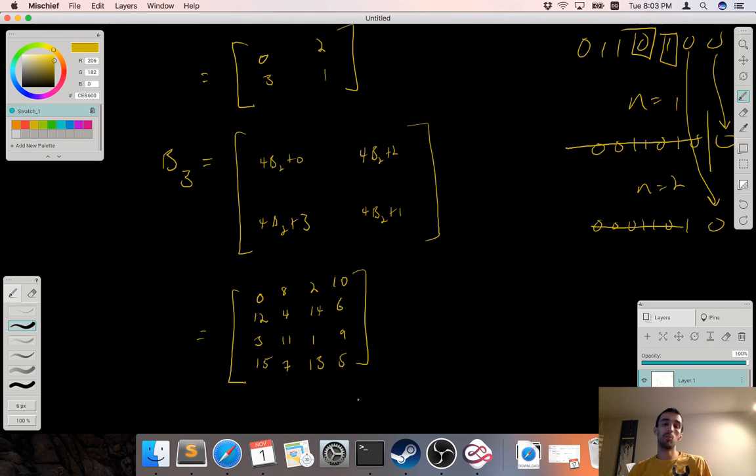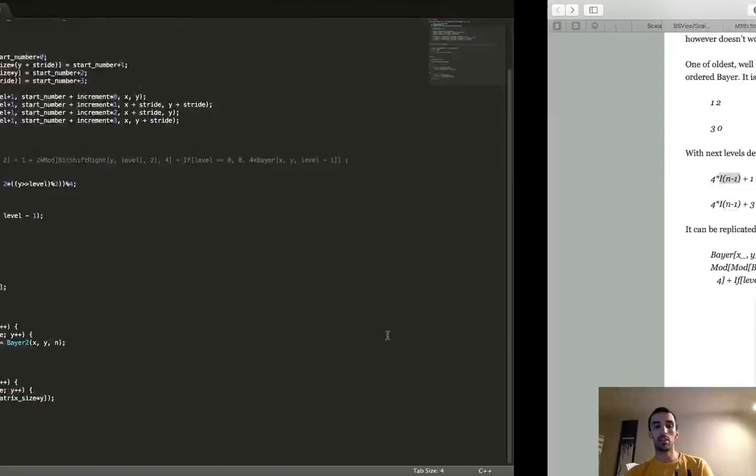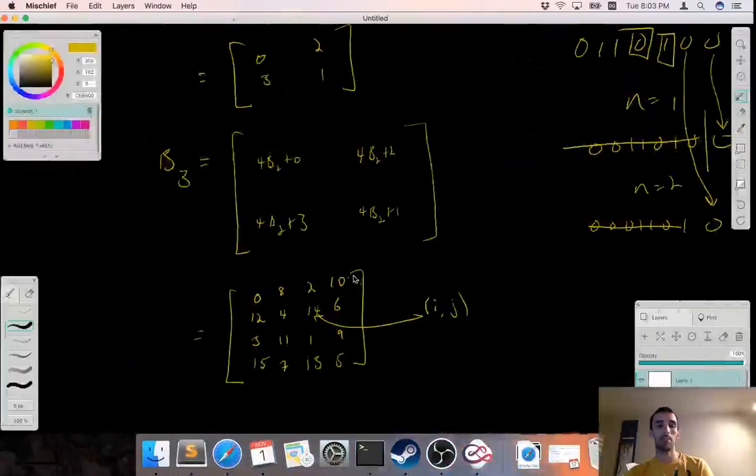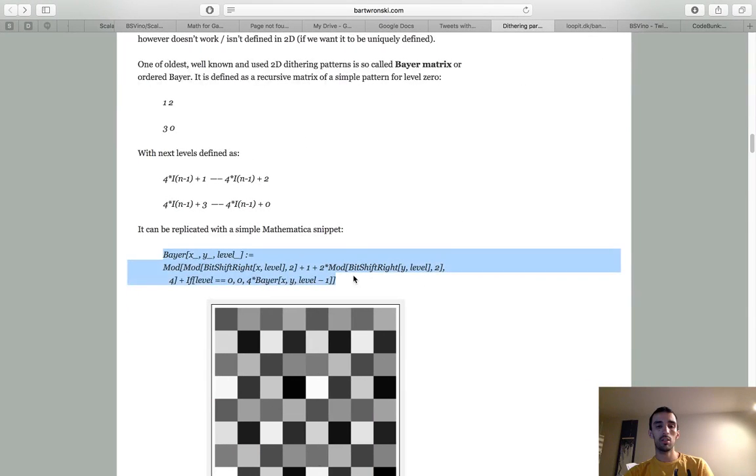But with this recursion, now we can iterate this way, and we can develop a closed form formula for this coordinate right here, the ijth coordinate, and that's what he has right here. He has a closed form formula for the ijth coordinate. That's pretty neat.